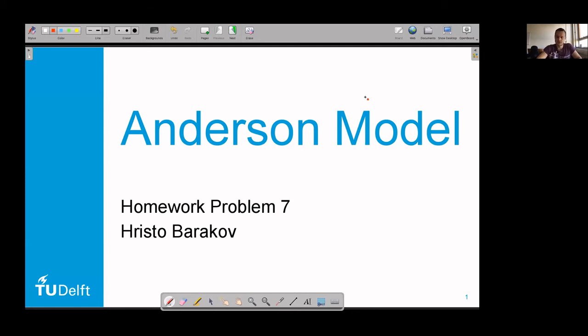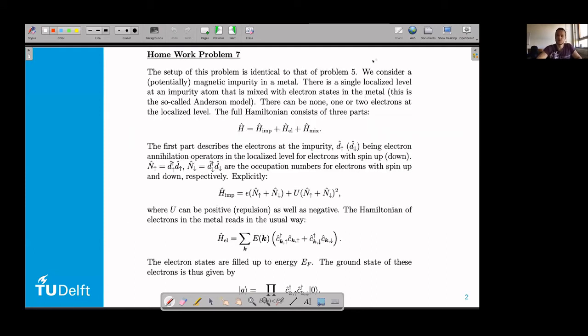So one more time, as an introduction, the problem consists of a localized level and a conductor, a metal, and this localized level can have only 0 electrons, 1 electron, or it can be doubly occupied. The electrons in the impurity, just to make sure the notations are fixed, are described by the operators denoted by D.